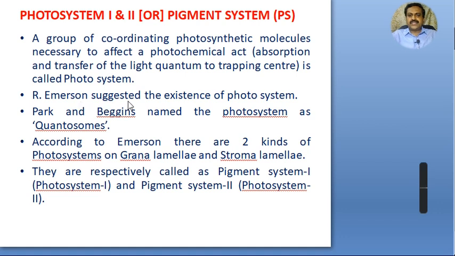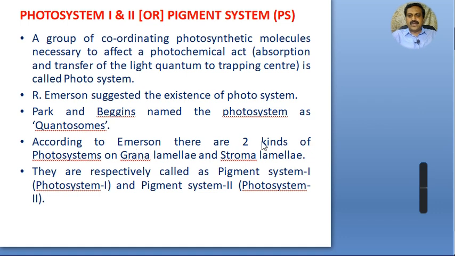Emerson suggested that there are two pigment systems. Park and Biggins, two scientists, named these photosystems quantasomes. Otherwise, they are also called photosynthetic units.